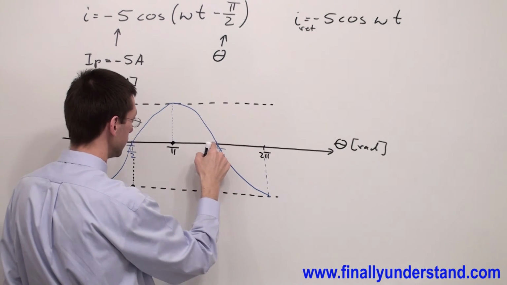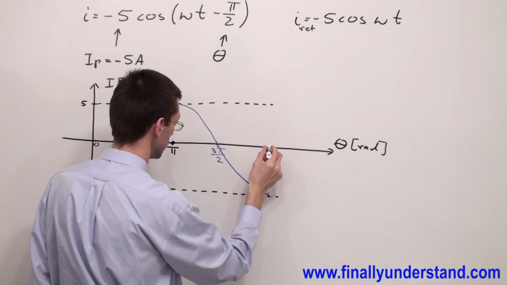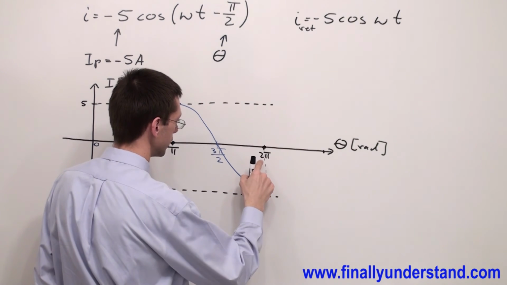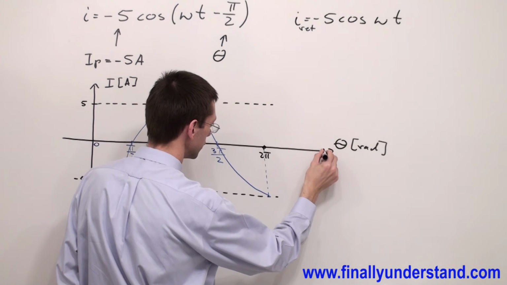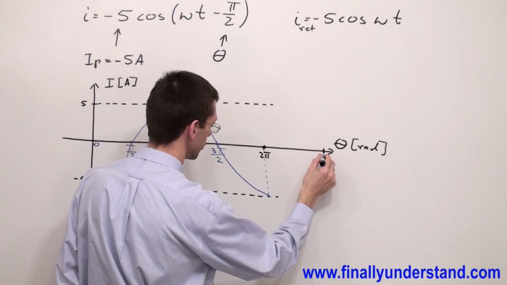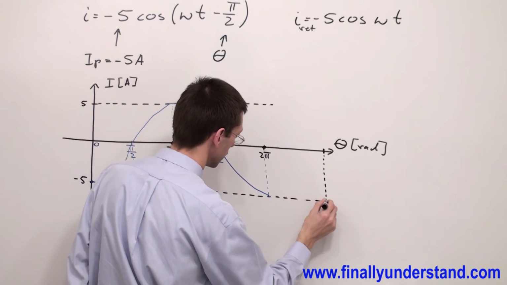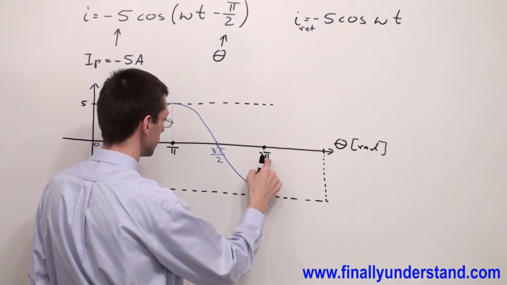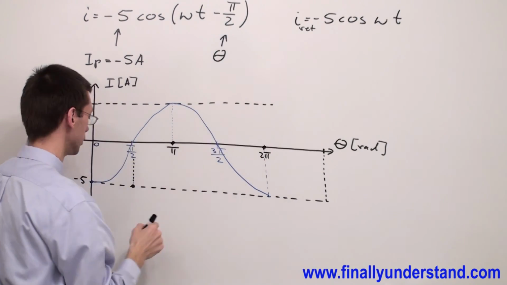My negative going 0 crossing is going to be moved to 2 pi, and my 2 pi is going to be moved to this point, which is simply 2 pi plus my phase shift, which is pi over 2.